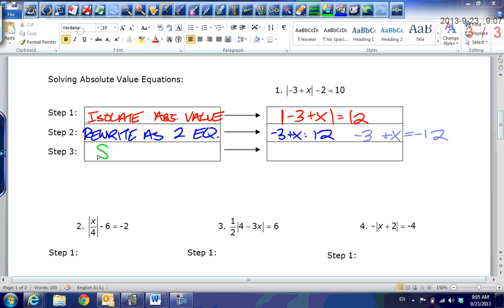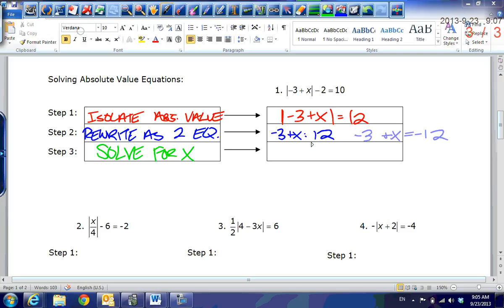Last thing is we're going to solve for x. So we're going to solve each of them. We got to do 2 of them. How do I get x by itself on this dark blue one?